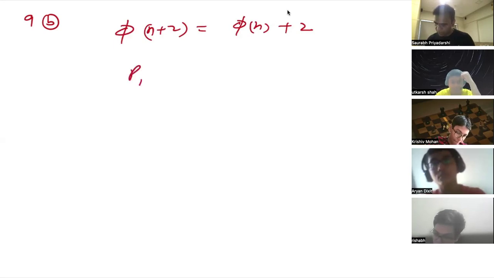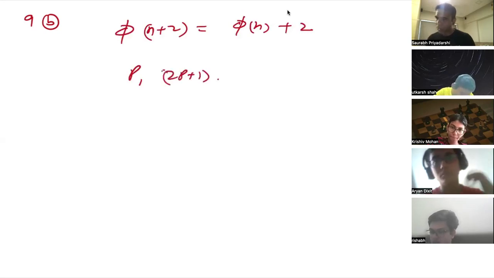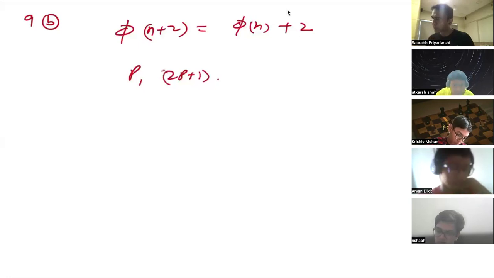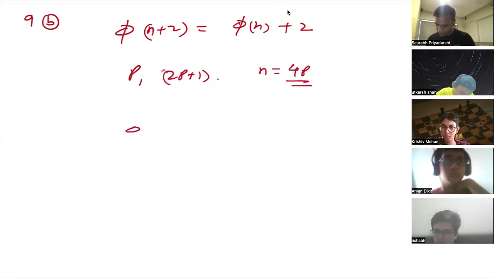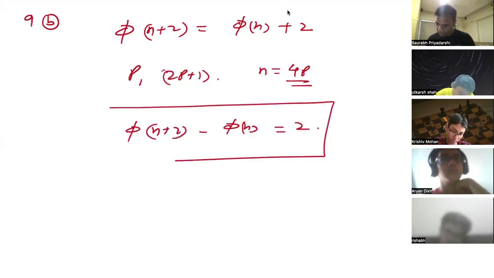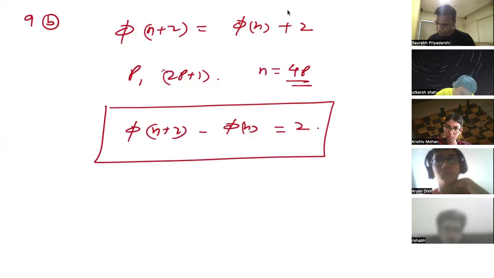P and 2P plus 1 are both odd primes and n is equal to 4P. We have to prove that phi of n plus 2 minus phi n always gives you the answer 2 for n equal to 4P.